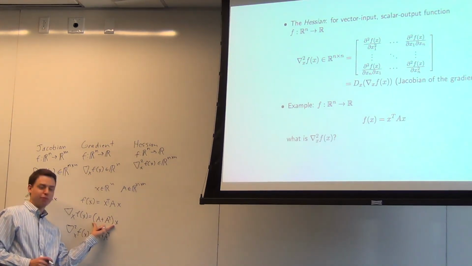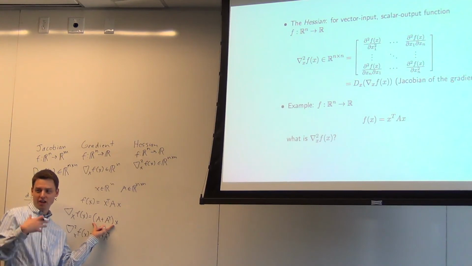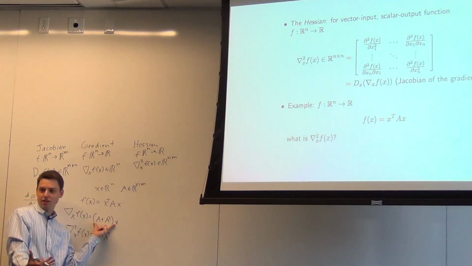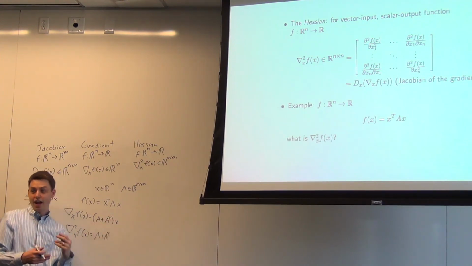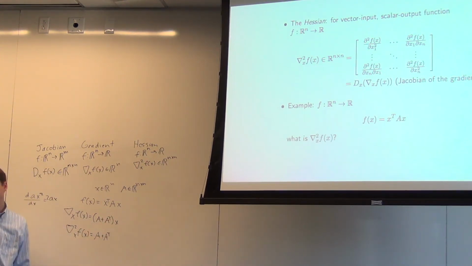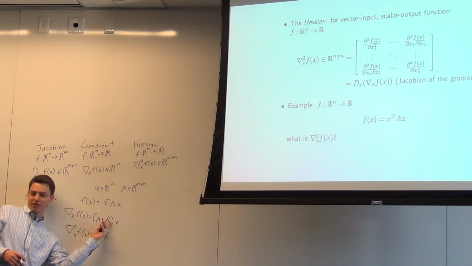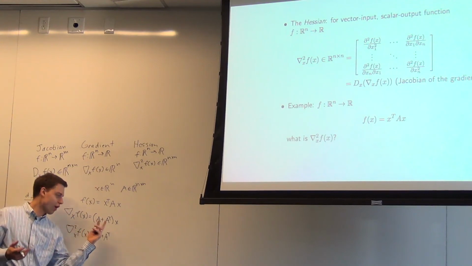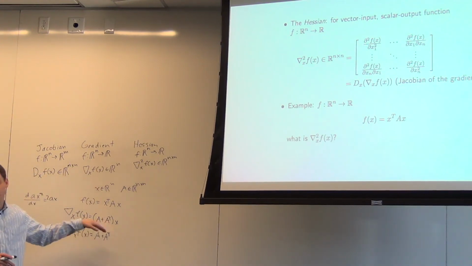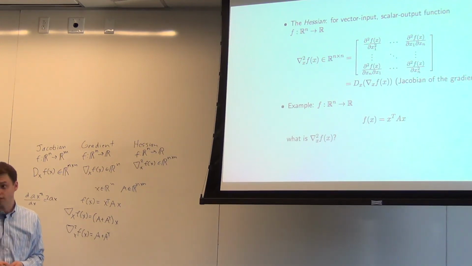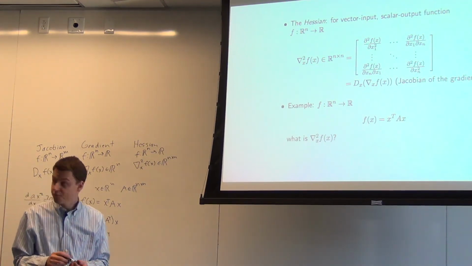But remember, we proved before that the Jacobian of A times x is just A. And so it's just this thing in here. And as you can see right now, this is, of course, symmetric, right? I didn't really prove that, because the only reason we got that was because I gave you this rule here. But you can derive this rule element by element and check that's right. This is actually a somewhat tricky one, so it's good to do and see if you can do that.